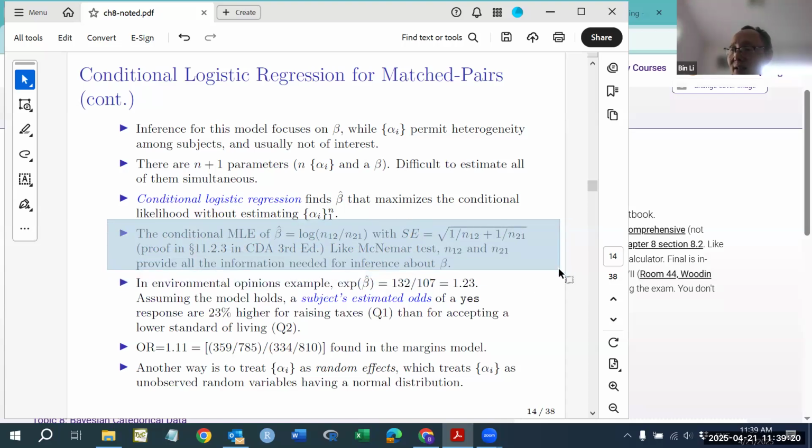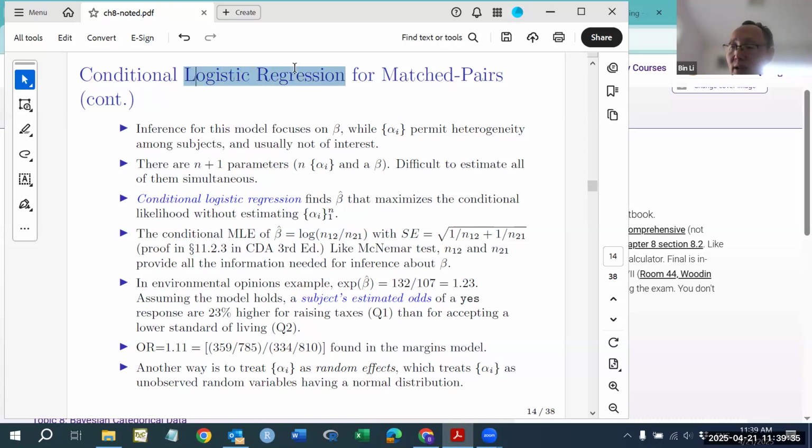The GEE is a simplified version, a quick and easy way, but using conditional logistic regression is more appropriate. I interpret the conditional logistic regression through the mixed effect model, but the mixed effect model is really different from the logistic or conditional logistic regression.